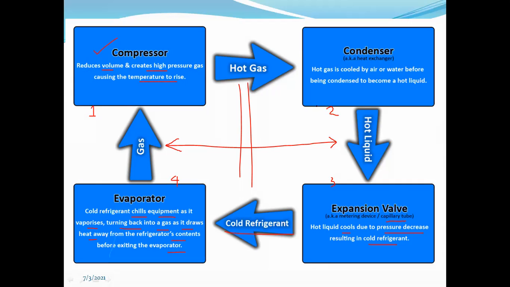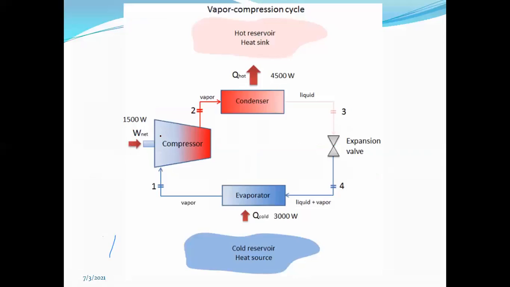Or if the condenser has started working initially, then first is the condenser, second the expansion valve, third the evaporator, and the fourth the compressor, and again the condenser. So in this way, 1 2 3 4 1 is followed in the refrigeration cycle.